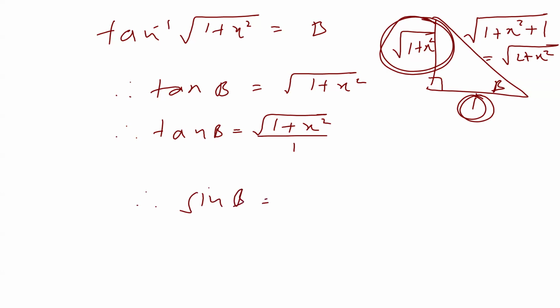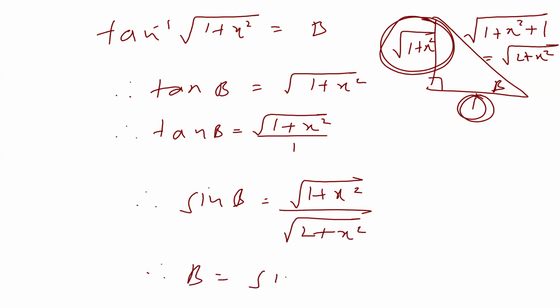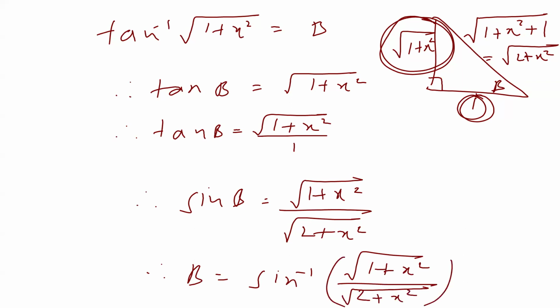Sine b is equal to root of 1 plus x square upon root of 2 plus x square, opposite upon hypotenuse. Therefore, b is equal to sine inverse of root of 1 plus x square upon root of 2 plus x square.